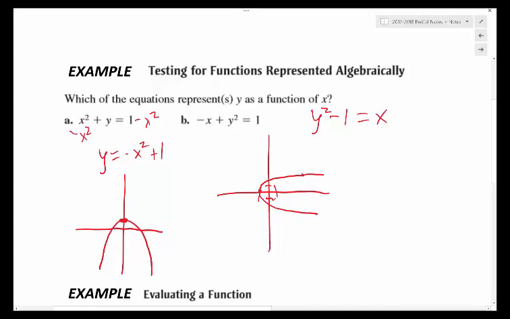When I plug in an x value of 0 and solve for y, y will be either positive 1 or negative 1. If I plug in a value of 3 for x, y will be either positive 2 or negative 2. It also fails the straight line test, because if I graph it and take a vertical line through it, it hits the graph here and here.